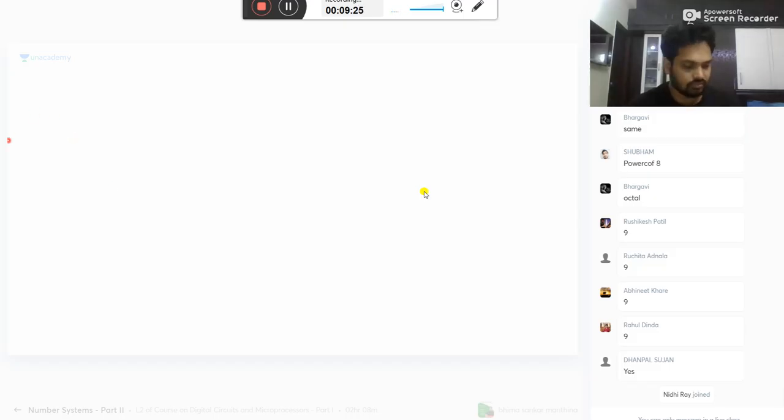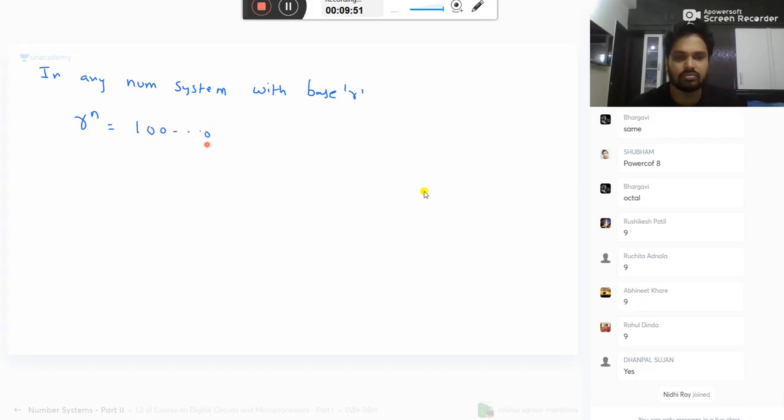Say, for example, in any number system with base r, r power n is nothing but 1 followed by n number of zeros. How many zeros? N number of zeros. How, sir?